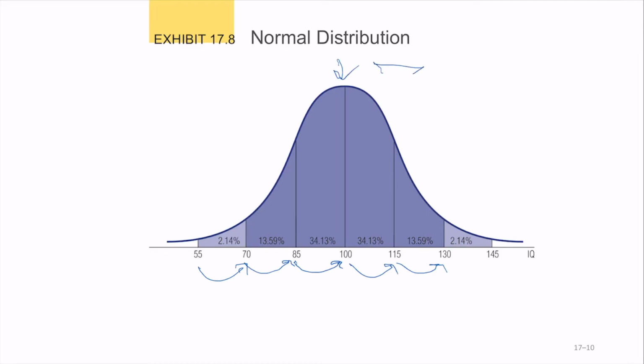Everything going this way is plus. Everything going this way is minus. And you notice that the tip here does not touch this. That's because it goes on and on and on. And it does the same thing going this way as well. So this is a picture example of the normal distribution.